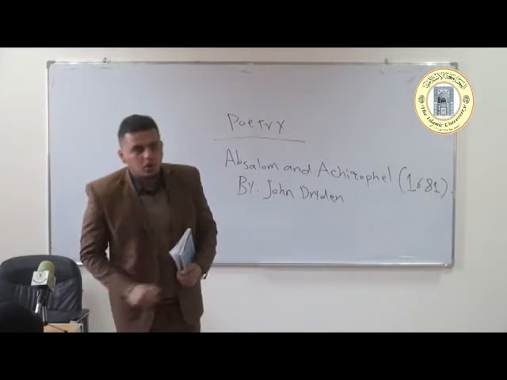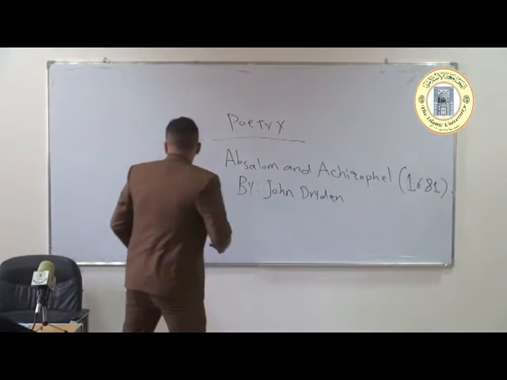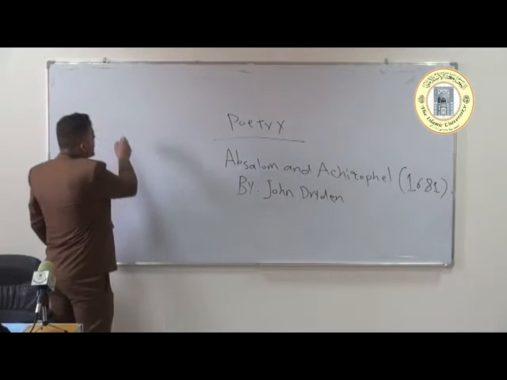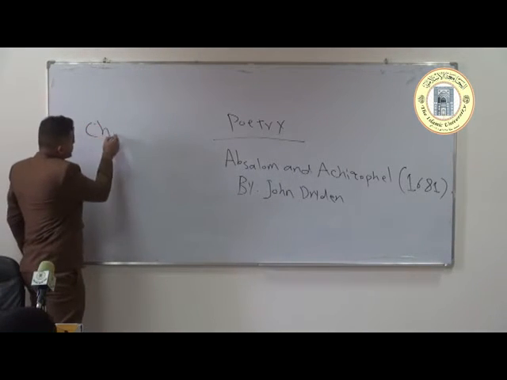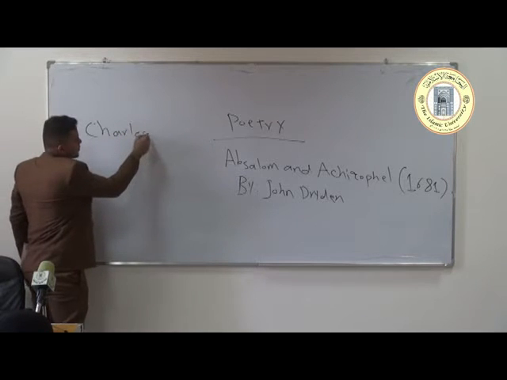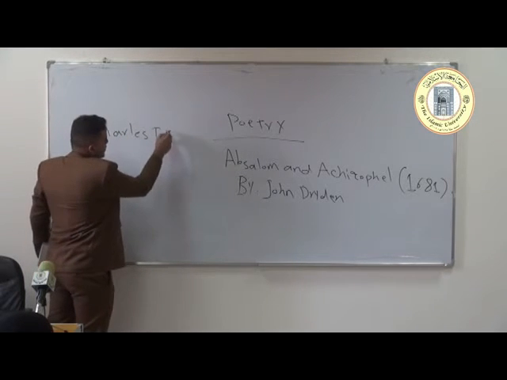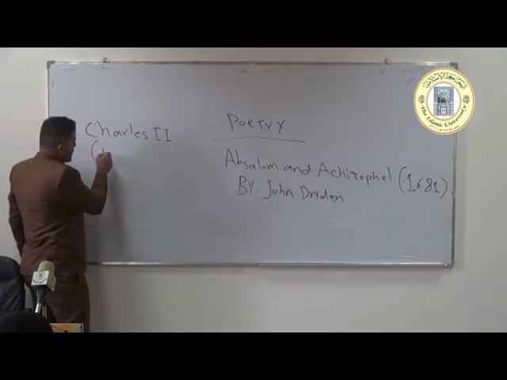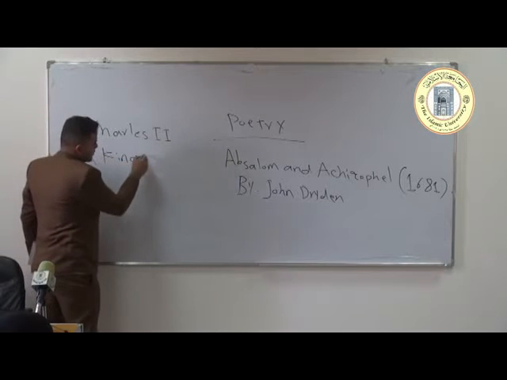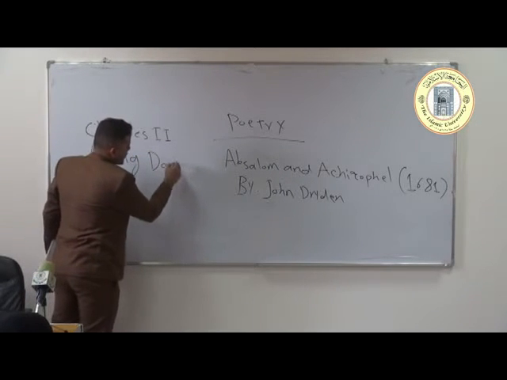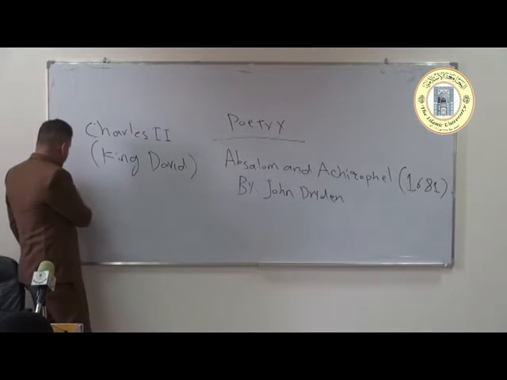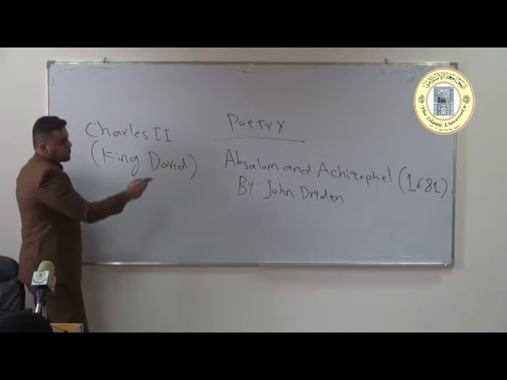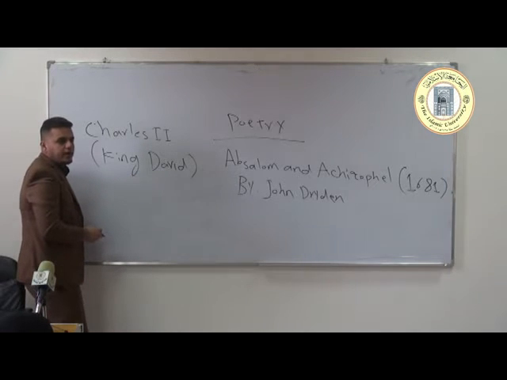One of those lords is... King David is Charles II, represented by King David in the book. And we have Absalom, and he is represented by whom?